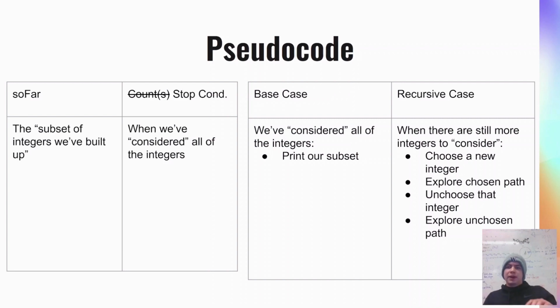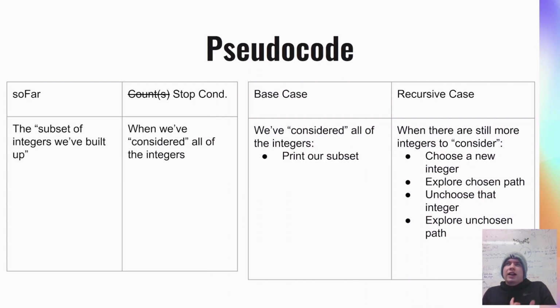So we're exploring all possibilities of when we added that integer to the subset we built up, and all subsets we could create via the second recursive explore call when we didn't add that integer to the subset we built up. We have two possible options for exploring, one where we added that integer to our subset, and one where we didn't. And this is how we're creating all the possible subsets.